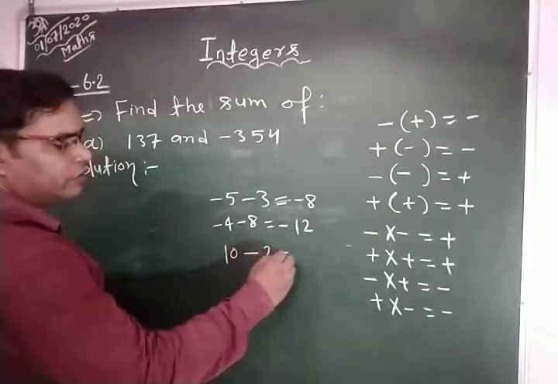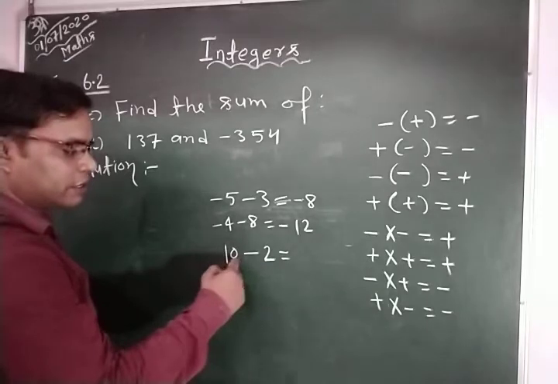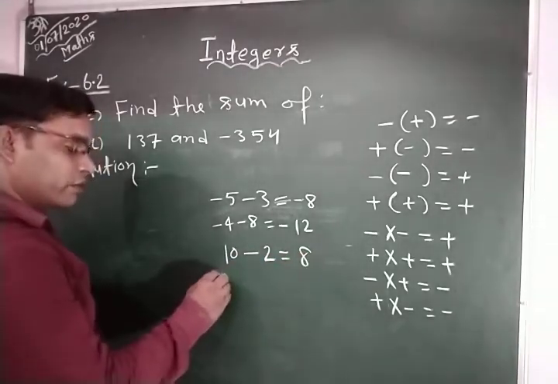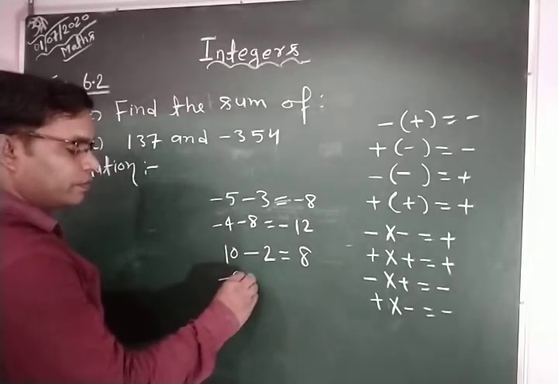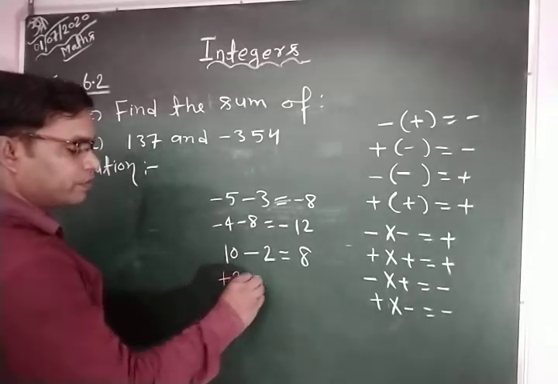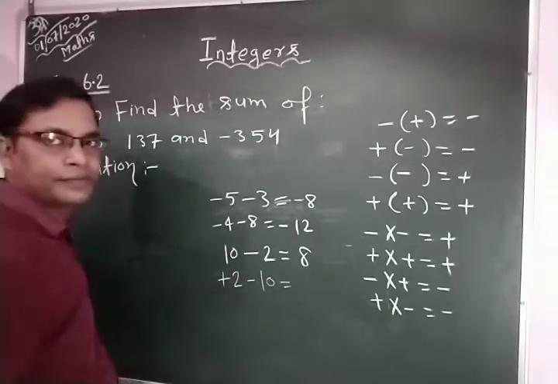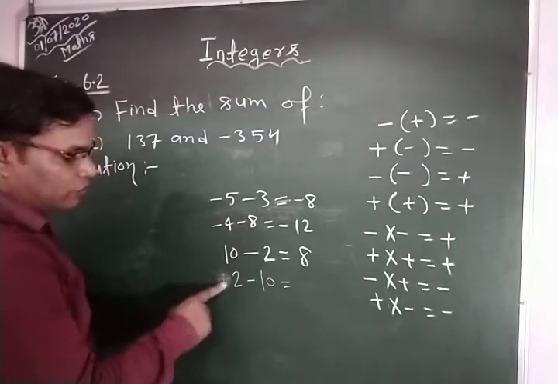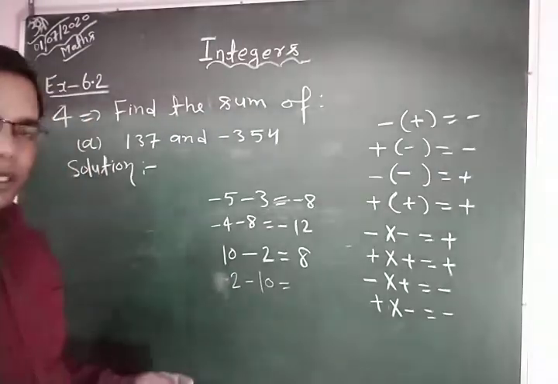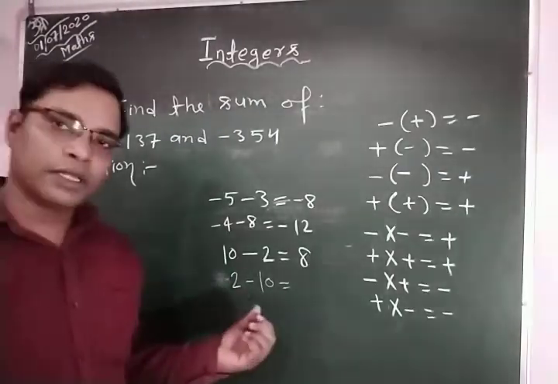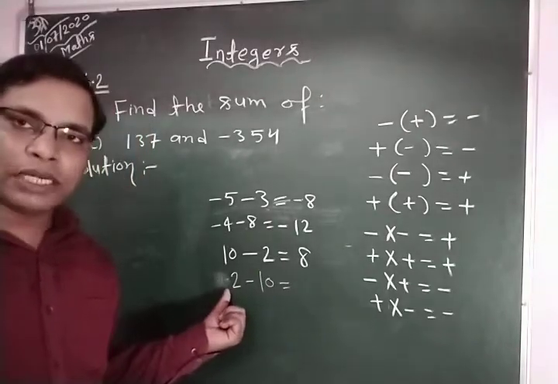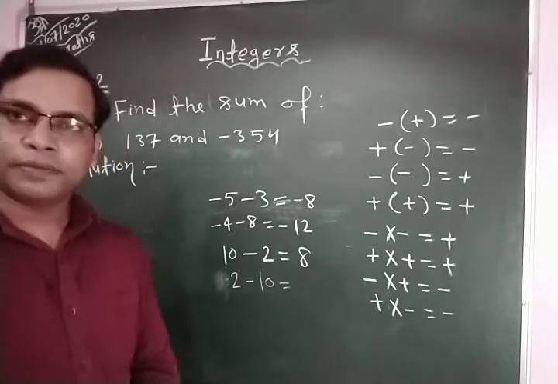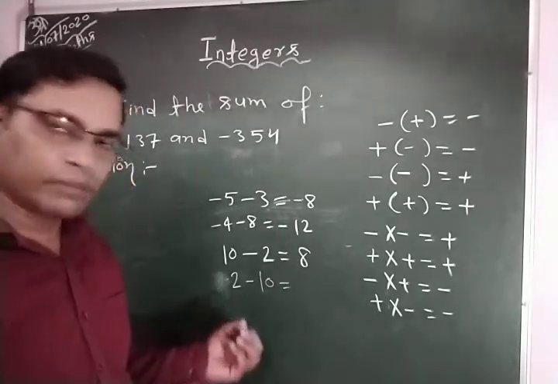Sometimes a question is like 10 minus 2, which is simply 8. But if the question is like 2 plus 2 minus 10, or simply 2 minus 10, one number is positive and the other is negative, so subtraction is involved.